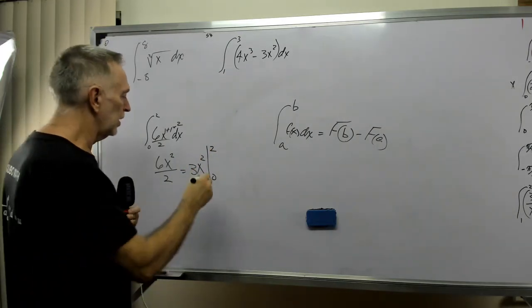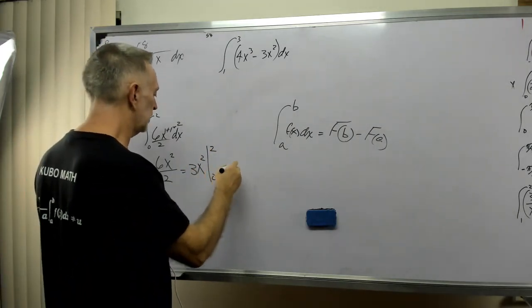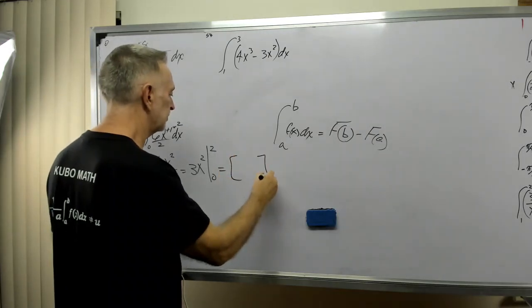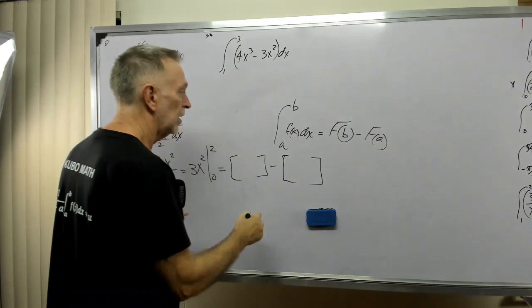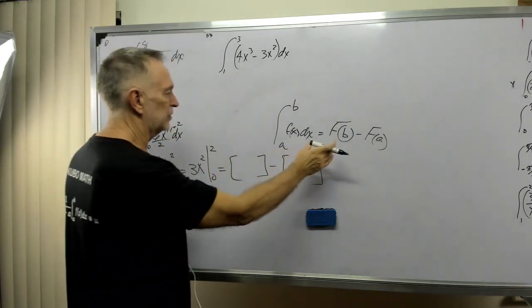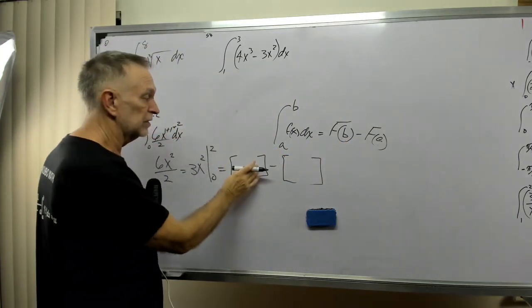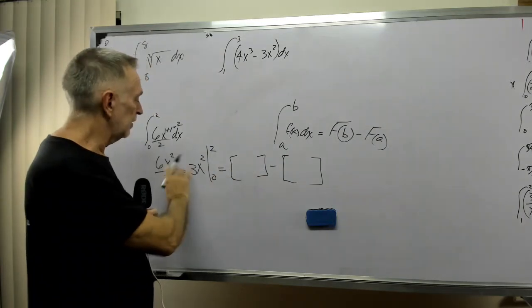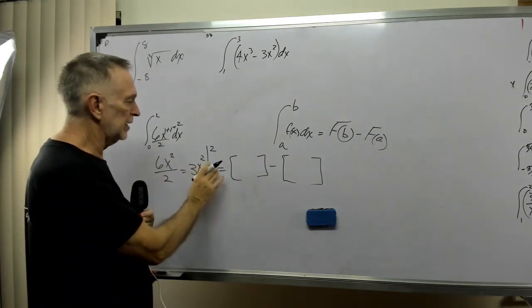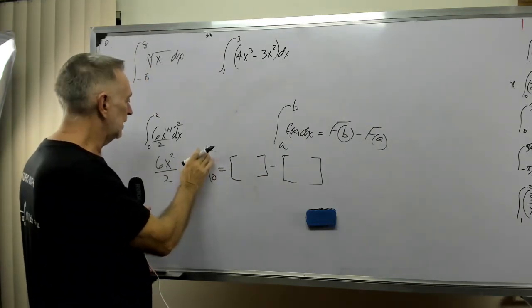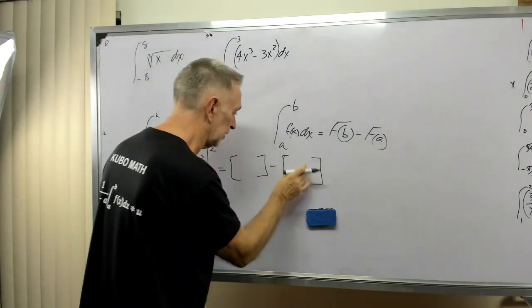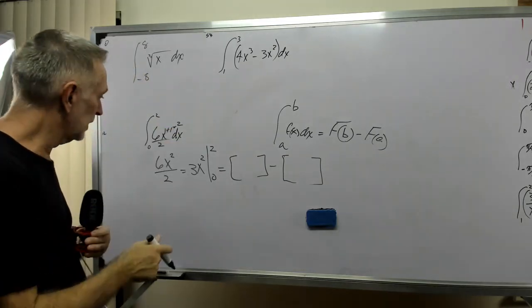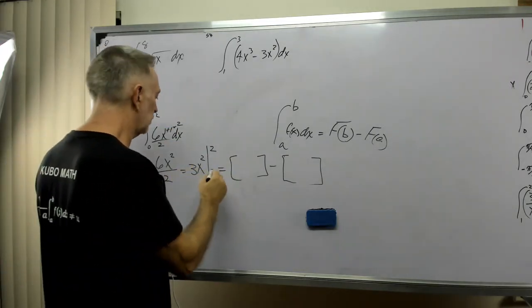Now, early on, it would be good for you to make two boxes, just like that. What this indicates is that the first box is F of b. Everything associated with b is going to be in that first box, and everything associated with a is going to be in the second box. So what do we have in the first box?